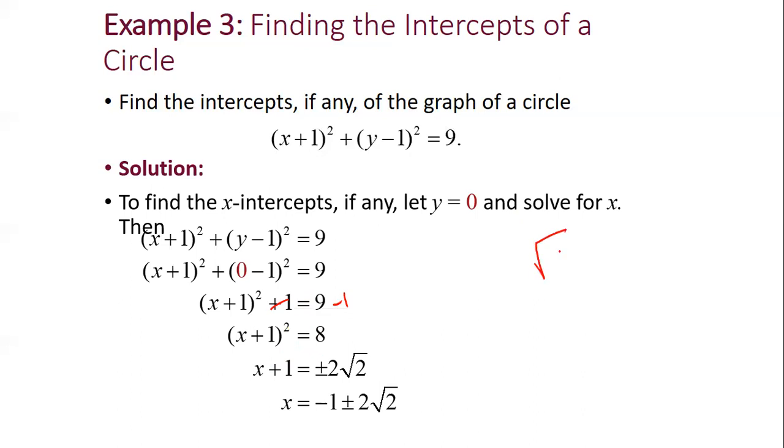Remember, the square root of 8 equals the square root of 4 times the square root of 2, so that's 2 square root of 2, which is how we ended up with x plus 1 equals 2 square root of 2. So we took the square root, we simplified the square root, and then we subtracted 1 to finish isolating our x.